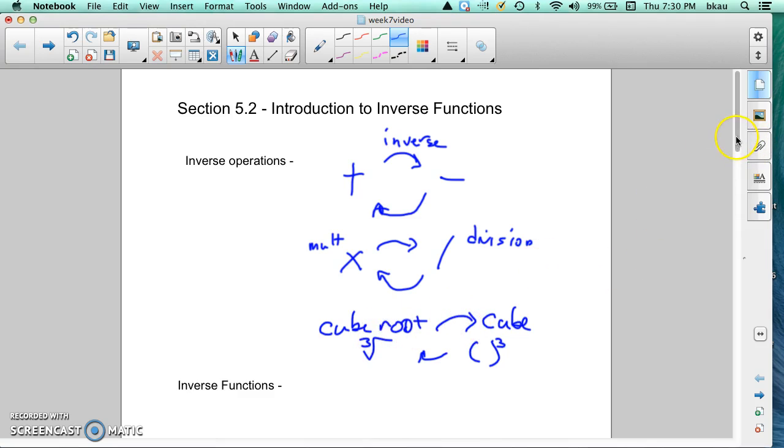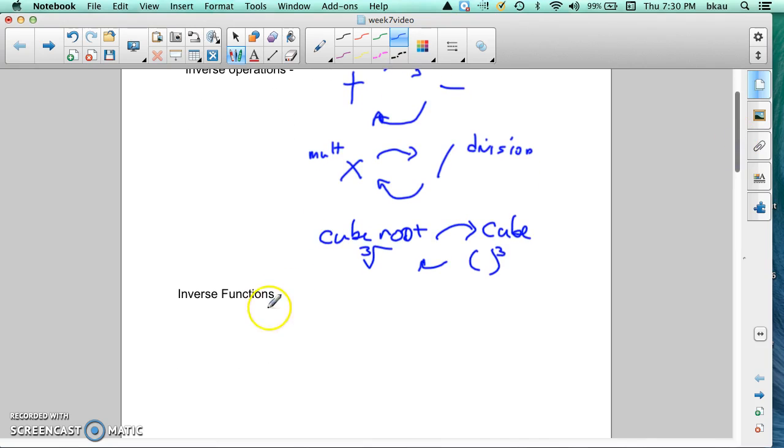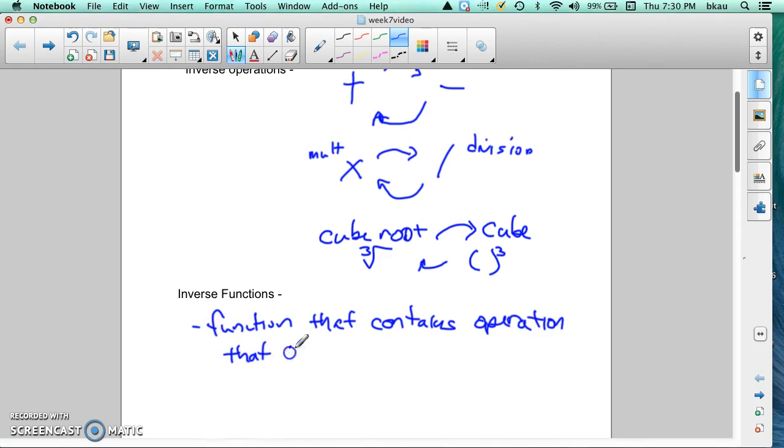So as I said, we're looking at inverse functions that include these operations. So what it's going to be is a function that contains operations that undo the operations of the function.